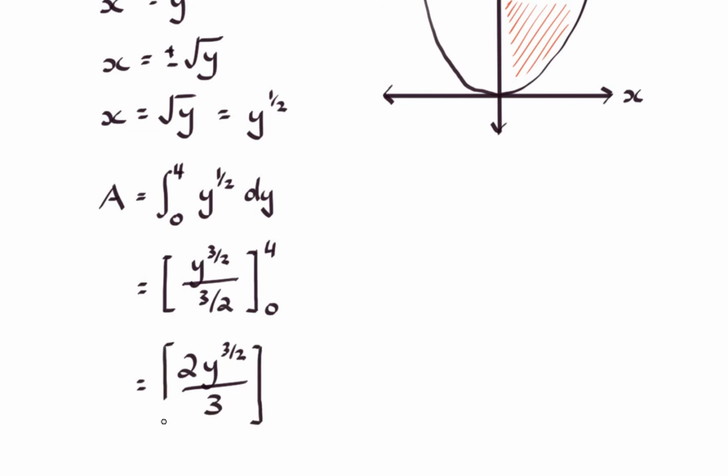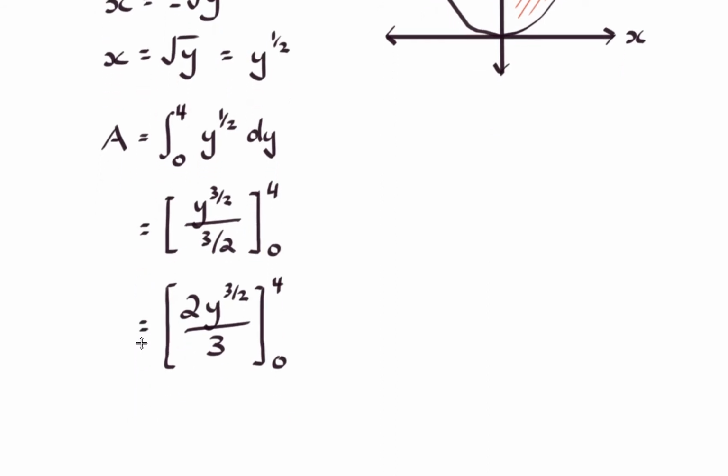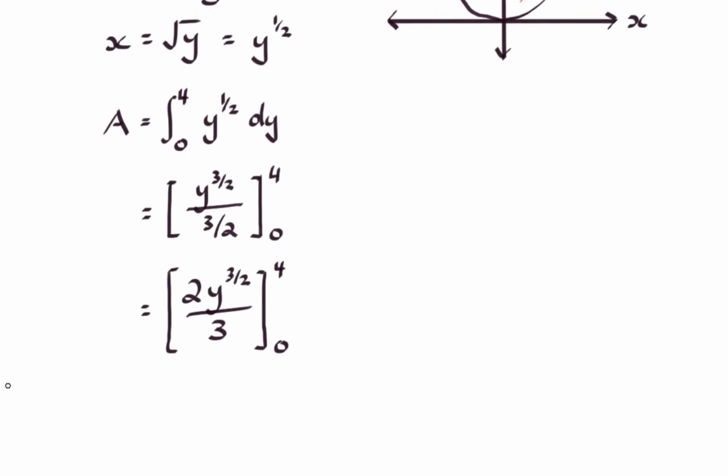Now hopefully you can see that when we substitute in 0, the whole thing will be 0. So really we are just after what we get when we substitute in 4. When we evaluate this, oh, sorry, my bad with the 2 there, it should be a 3.